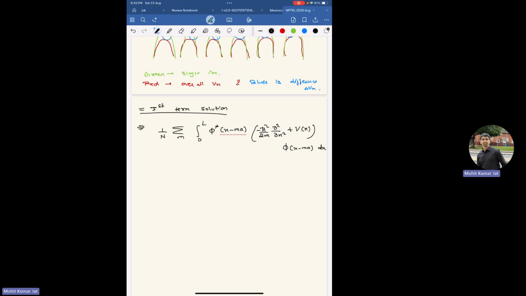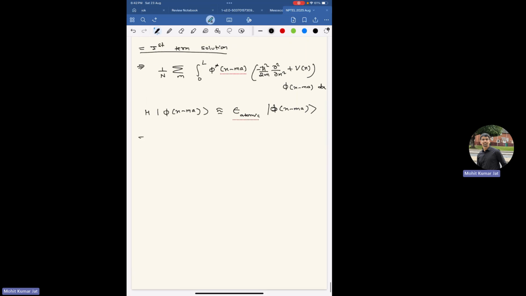Now, if you take your Hamiltonian and put it on phi x minus Ma, what will it essentially give you? It will give you the energy of your atomic orbitals times phi x minus Ma, right? This is what it will give you.